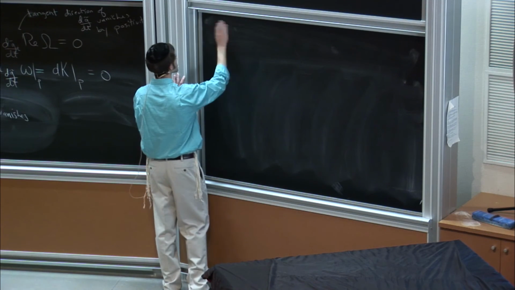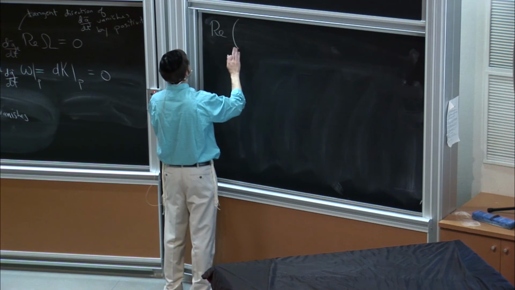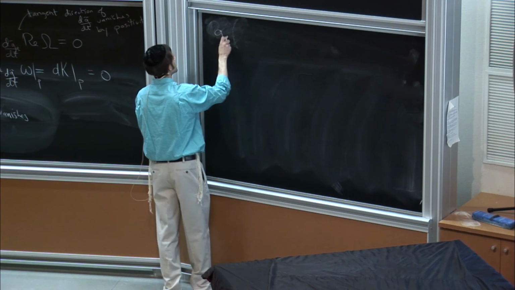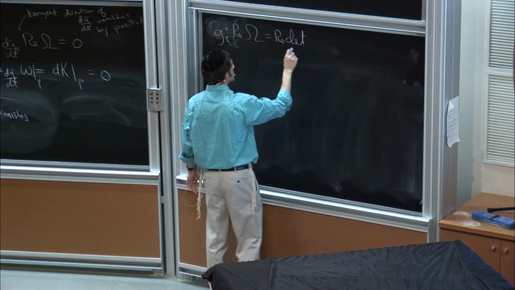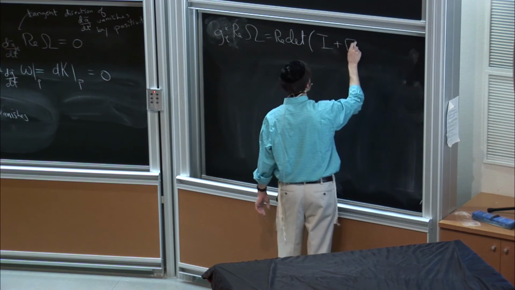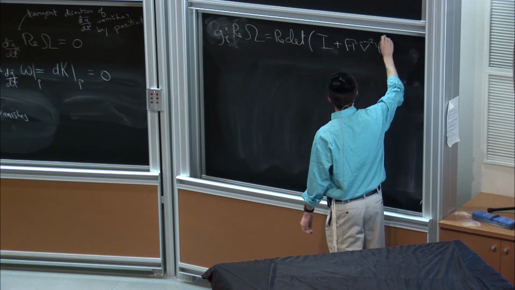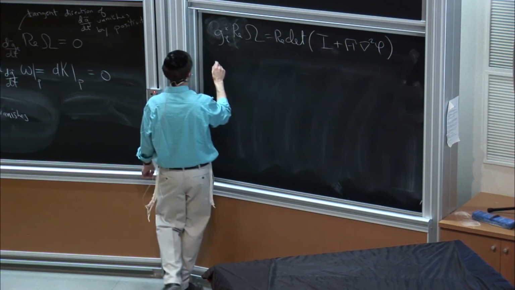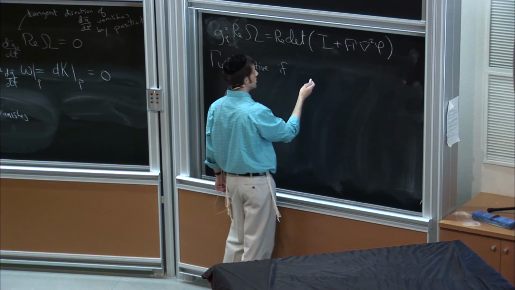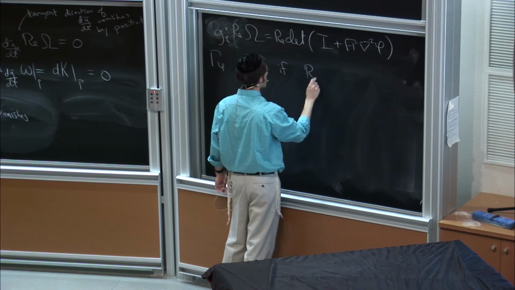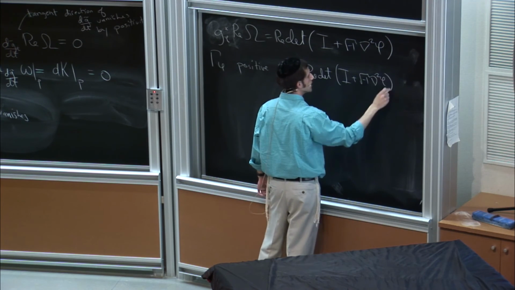So if we take G phi, that's just the same thing as the real part of the determinant of the identity plus the Hessian of phi times i. Okay, so the graph of phi is positive if the real part of the determinant is positive.